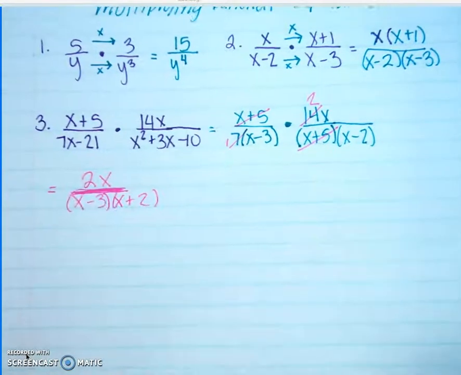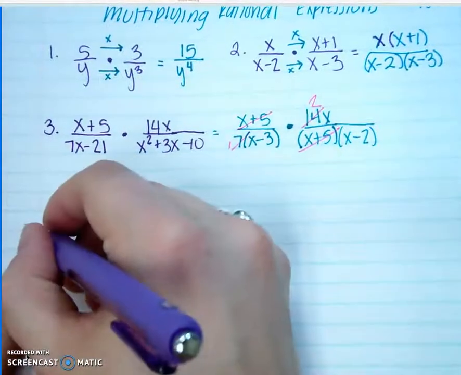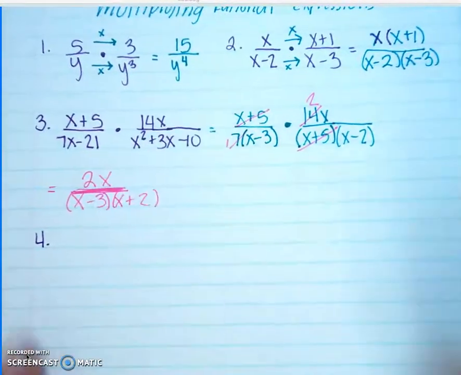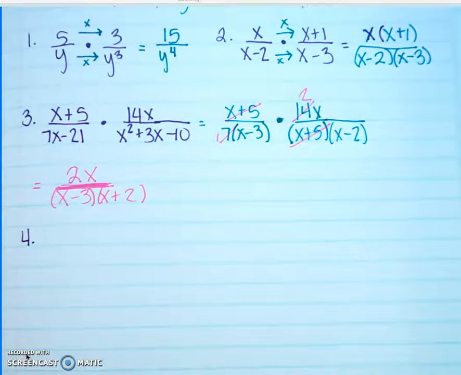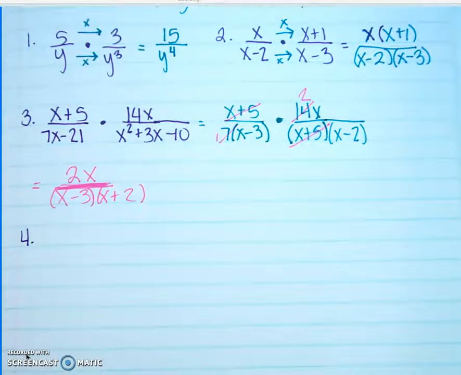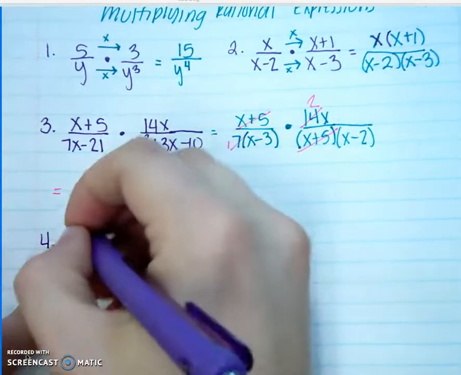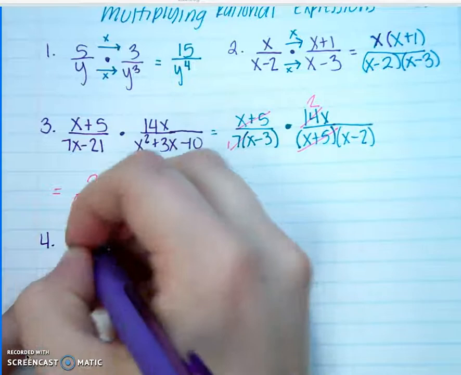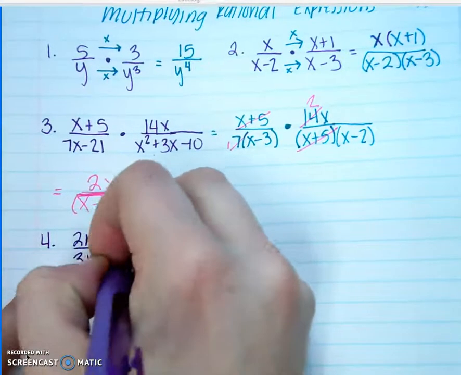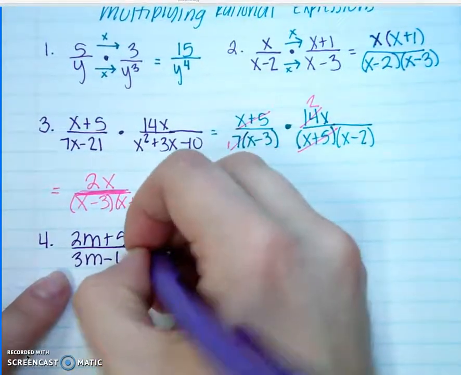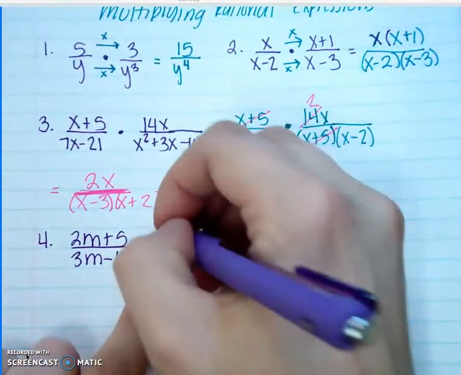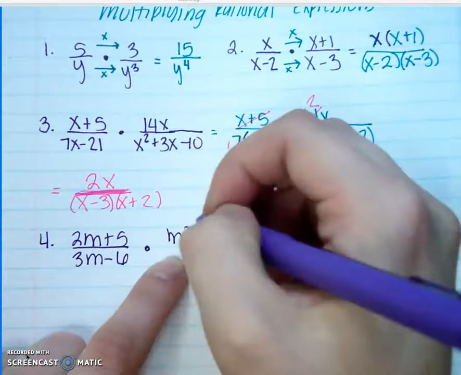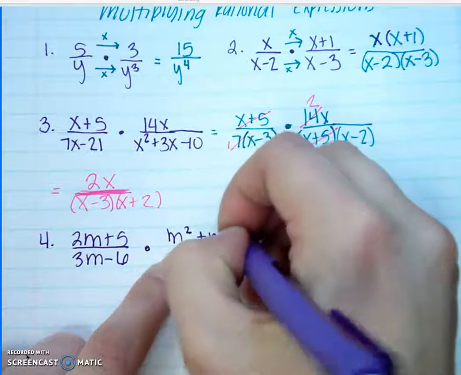Okay? Let's look at an example 4. Let's do 2m plus 5 over 3m minus 6, and I'm going to multiply this by m squared plus m minus 6.